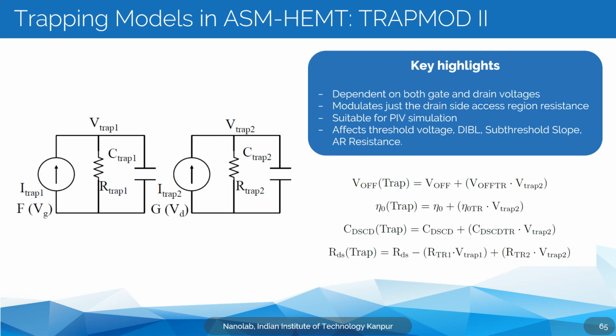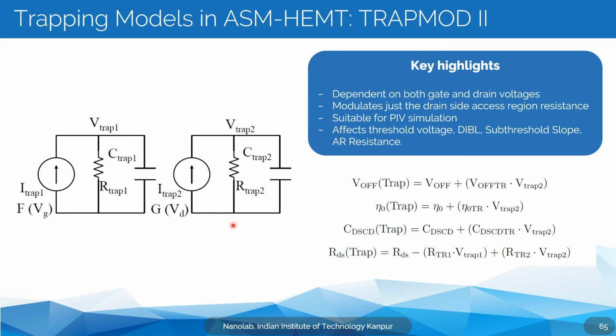The next model we have is trap mod 2, and this one is used for pulsed IV applications where you want to simulate pulsed IVs accurately. In this case, we have 2 different sub-circuits being used, one gate voltage dependent, the other drain voltage dependent, and then there's a simple RC circuit.